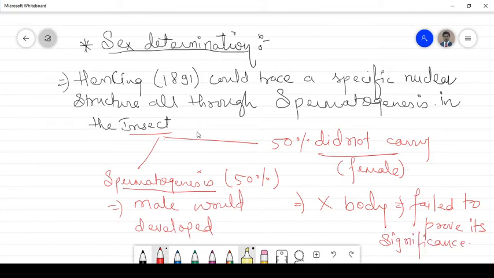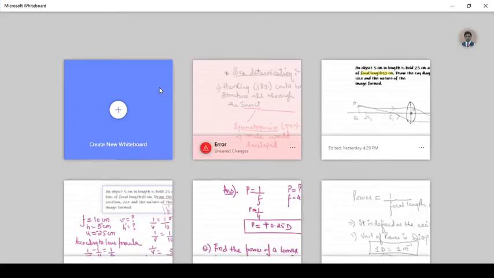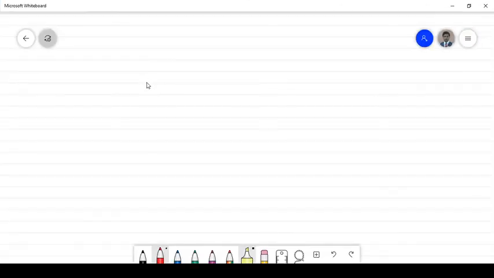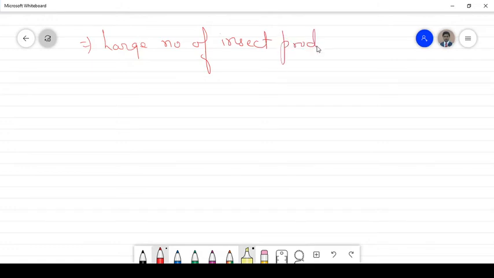Later on, many of the other scientists observed that a large number of insects, in the mechanism of sex determination, produce the XO type. Where X is the chromosome and O is the absence of an additional chromosome, the sex chromosome.